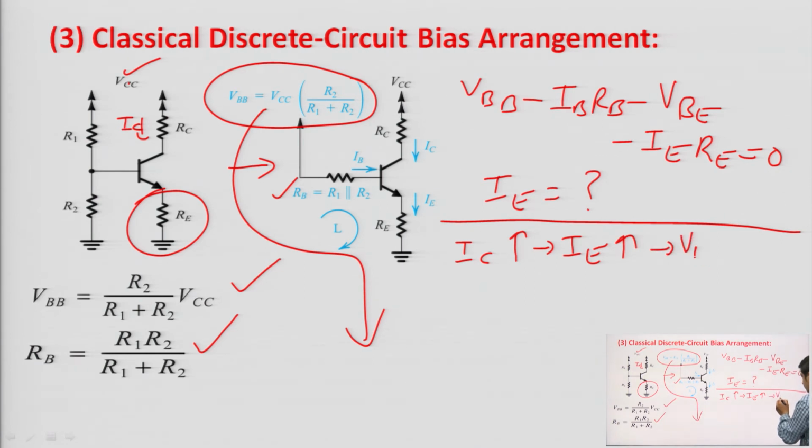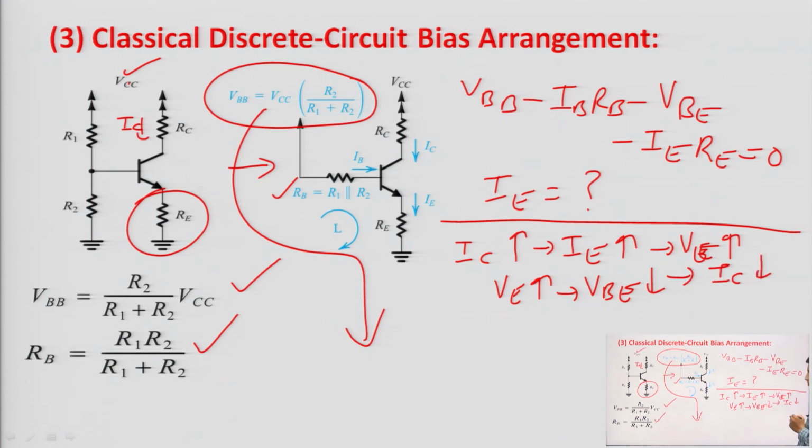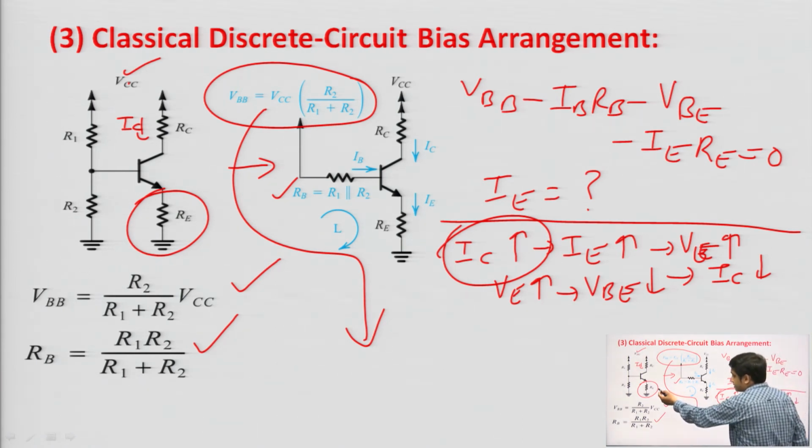then your emitter voltage VE will increase, and if VE increases, then your base to emitter voltage will decrease. If your base to emitter voltage decreases, then your collector current IC will decrease, fine. So at the start when your collector current increases, then your collector current is also decreased. So we say that this RE provides negative feedback.